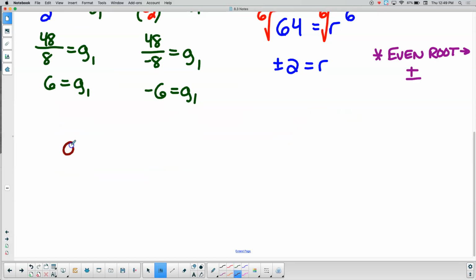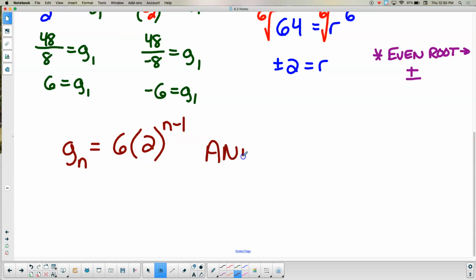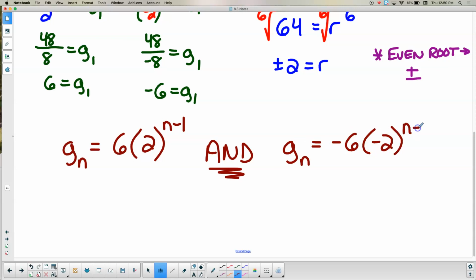My first one would be positive 6 times positive 2 to the n minus 1 power, and negative 6 times negative 2 to the n minus 1 power. Both make my answer.